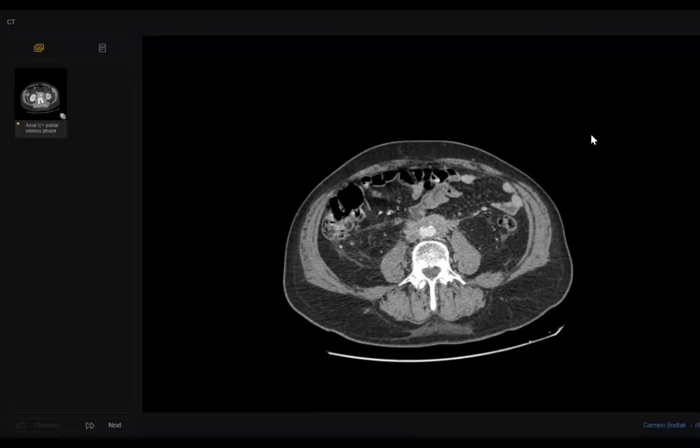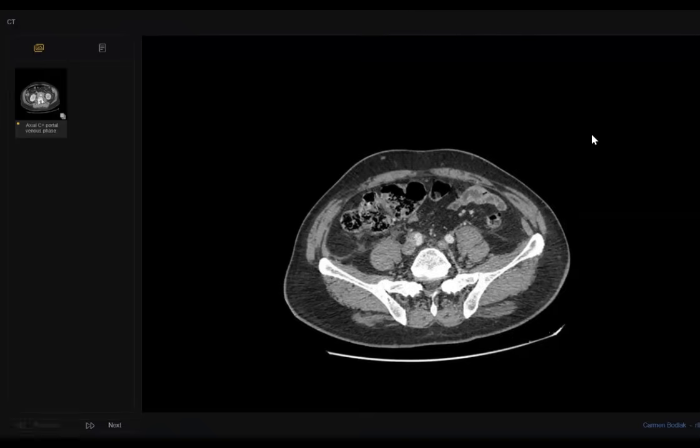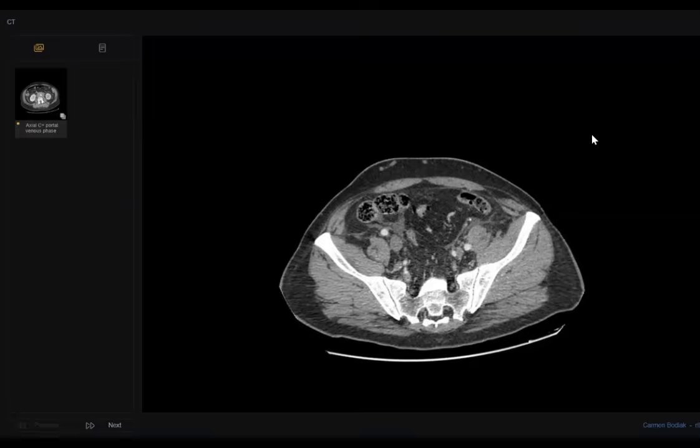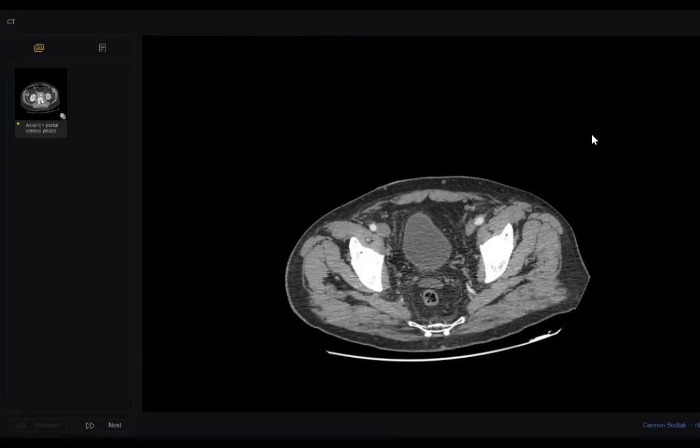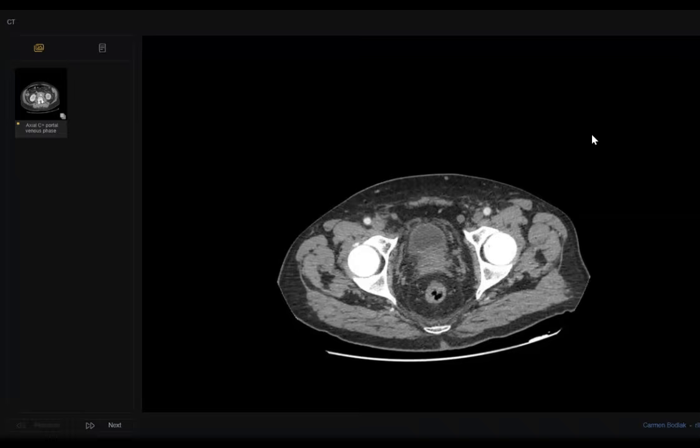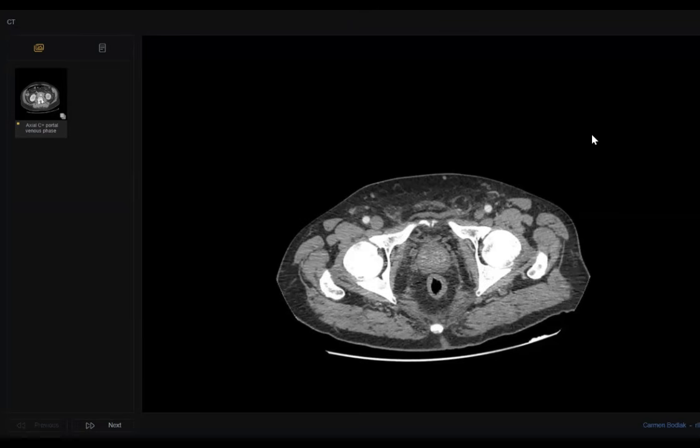I have to scroll down. There is some stranding also in the pelvis. Okay, so my primary diagnosis is retroperitoneal fibrosis with mild bilateral hydronephrotic changes.